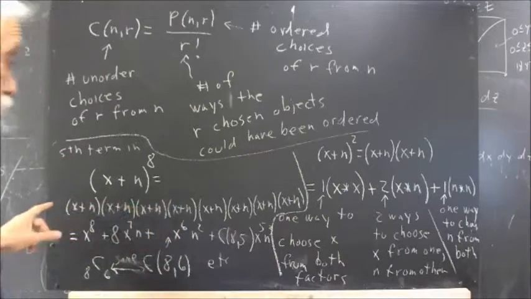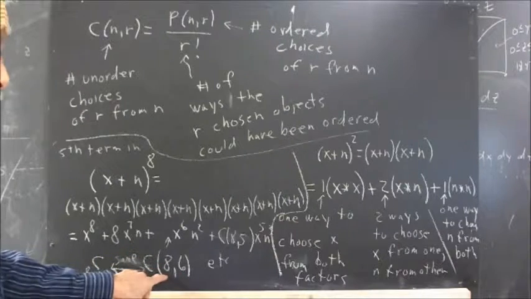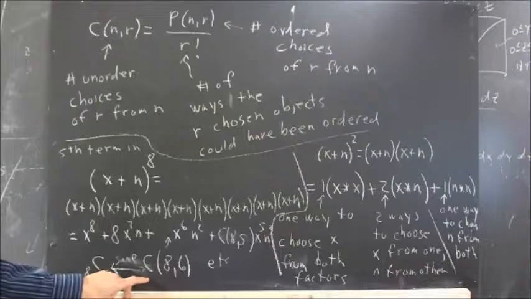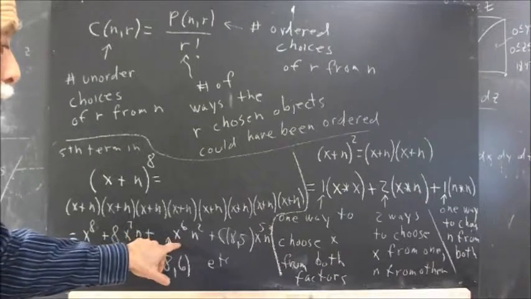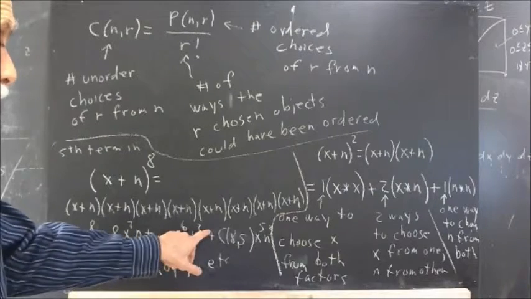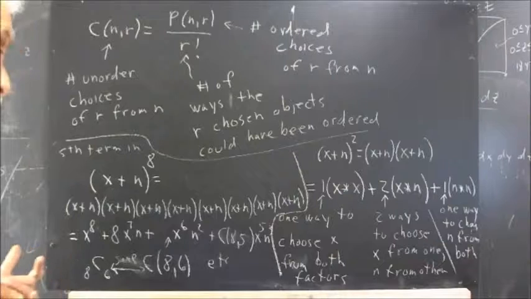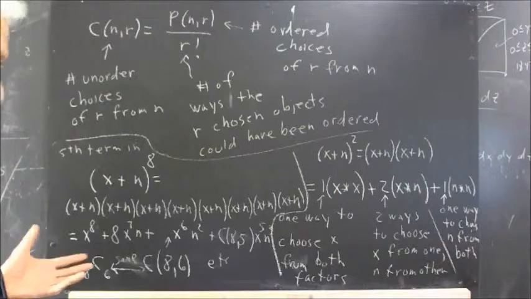How many ways are there to do that? The number of ways of choosing 6 objects out of 8, where the order doesn't matter, is C(8,6). So there are C(8,6) ways to get x to the 6th times n squared. C(8,6) is 8 times 7 divided by 2, which is 28 ways. You could list all 28 ways, though I'm not going to.